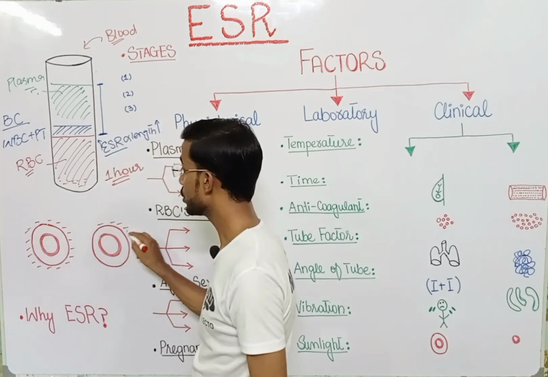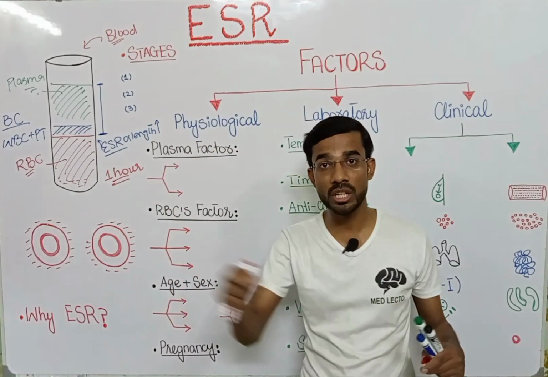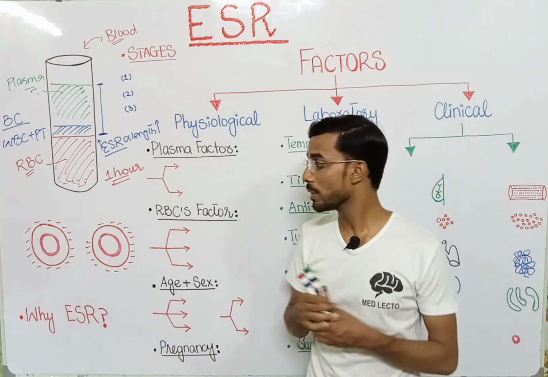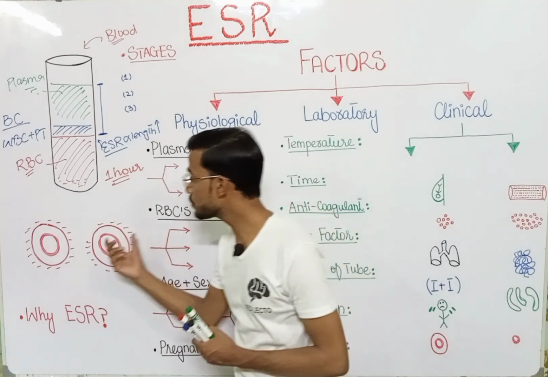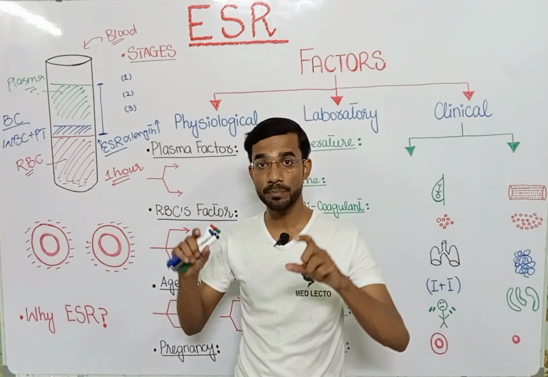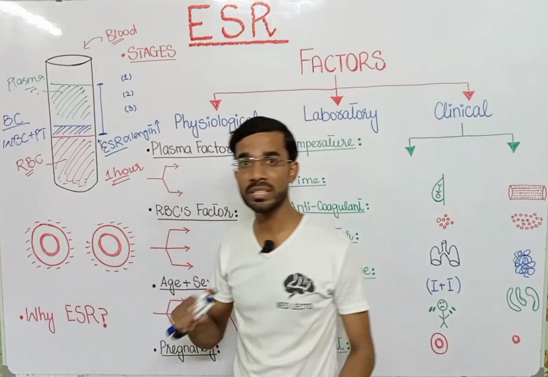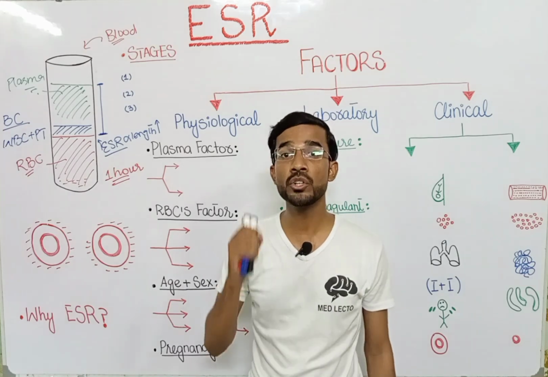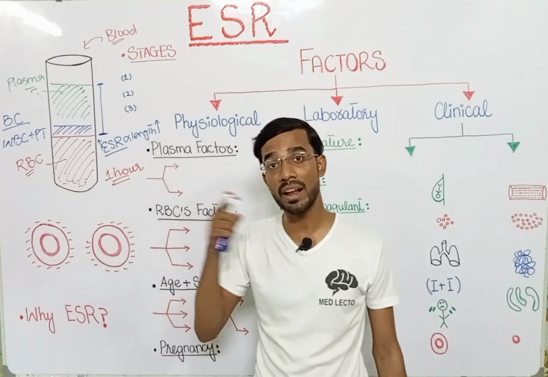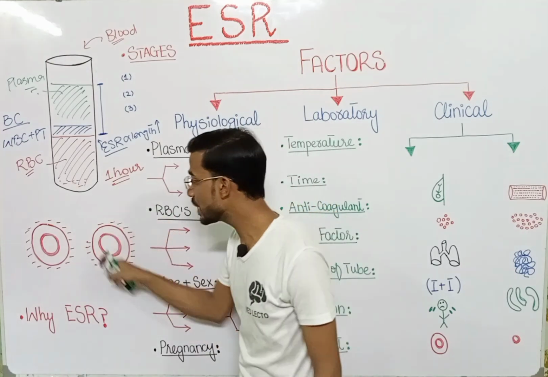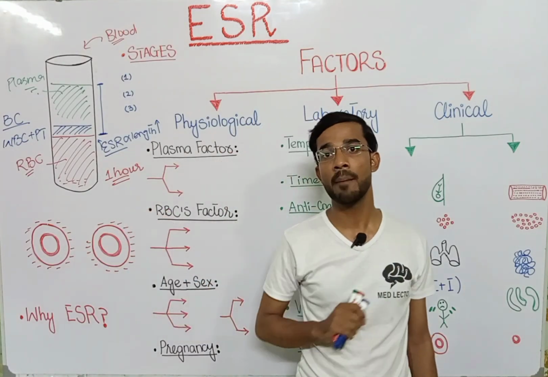The negative charge helps in the proper flowing or circulation of the blood in the blood vessels. If the negative charge is removed, then the RBCs come across each other and form aggregates. So to prevent the formation of aggregation, RBCs naturally carry a negative charge. That's why the RBCs flow properly in our blood circulation.